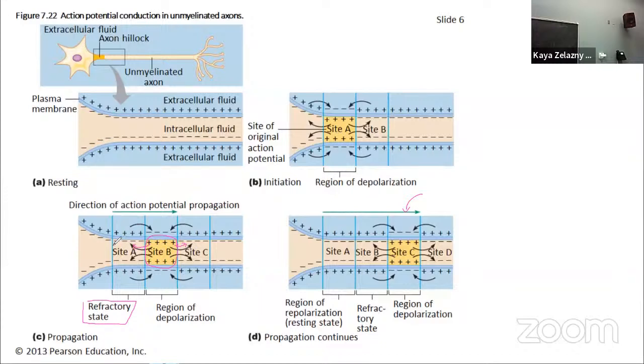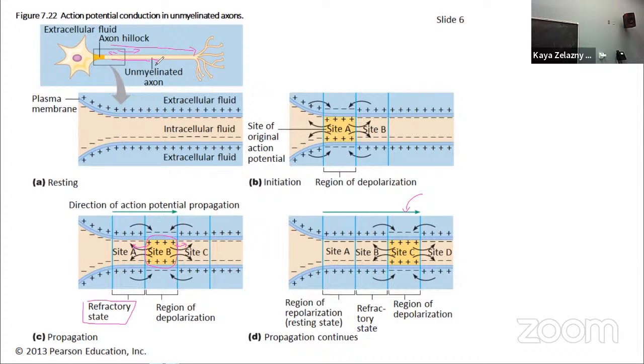So that's important because we want our action potentials to travel in one direction down the axon, right? We want them to go from the soma, from the cell body, out to the end, out to the axon terminals. We don't want them to go this way, but then also trigger that way and then come back that way. That's a problem, right?